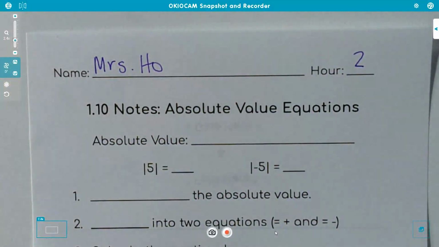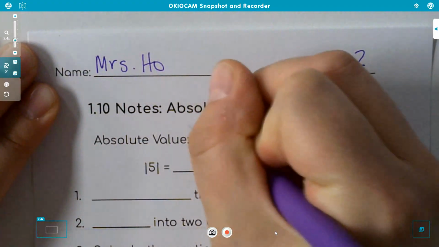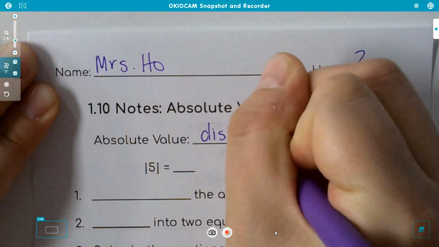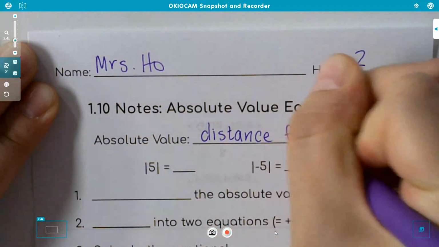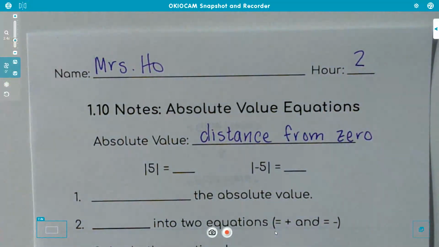Okay, we are solving absolute value equations. So what we just talked about in our quick write, an absolute value is a distance. Absolute value is always our distance from 0.